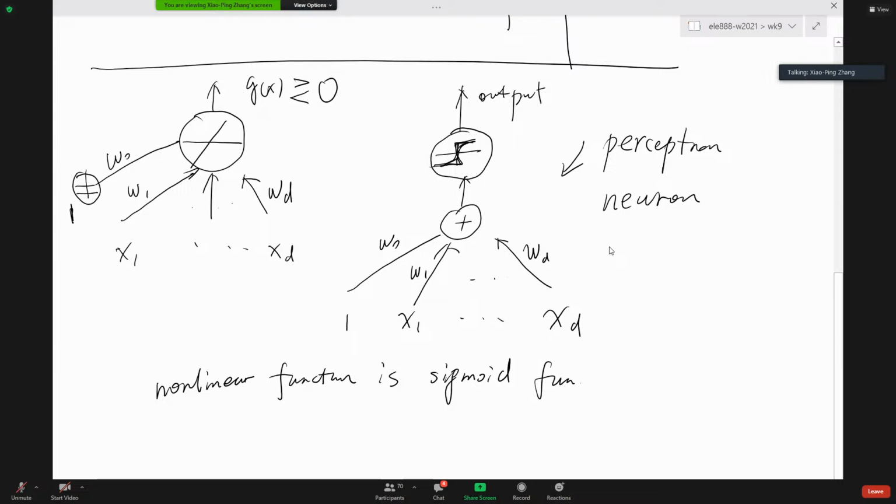But its shape is basically like this. It's similar to the thresholding function, but it's smooth. So that's a traditional neuron from when we developed the neural network 30 years ago, or even earlier.